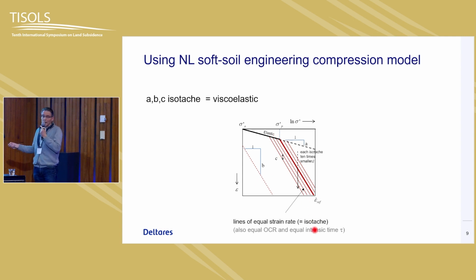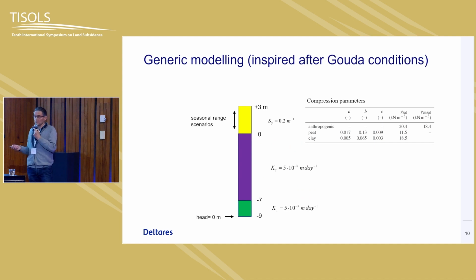This reference line to a certain other higher creep rate. And when you move above this line, the creep rate increases dramatically. So it is a generalization of the more conventional elastoplastic model. That's what we use in the Netherlands, with various parameters in there. So that's used in engineering. We implement it in this model.